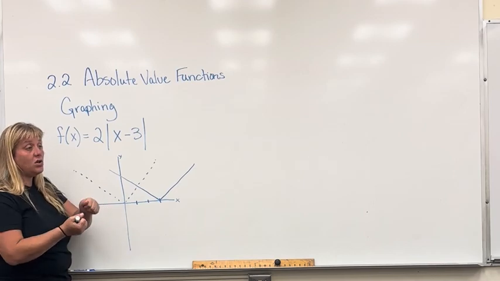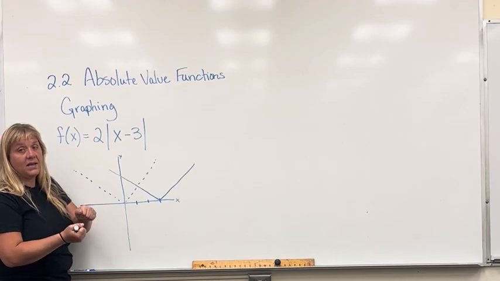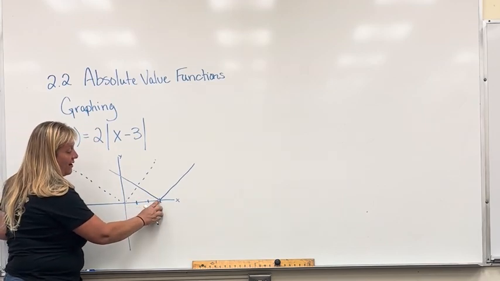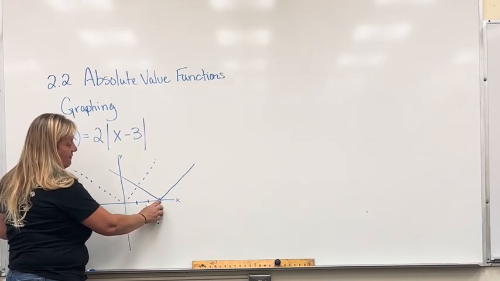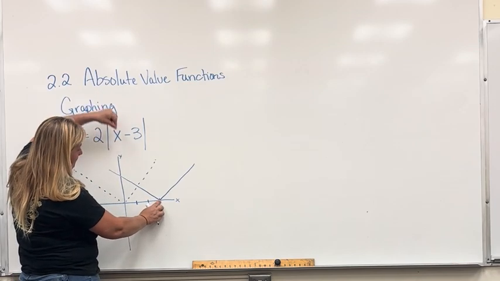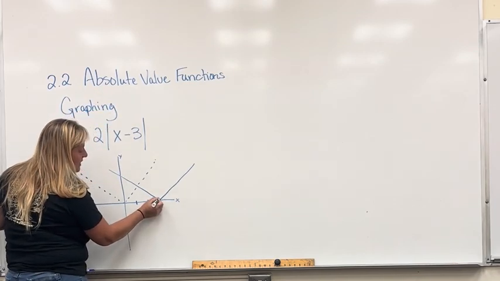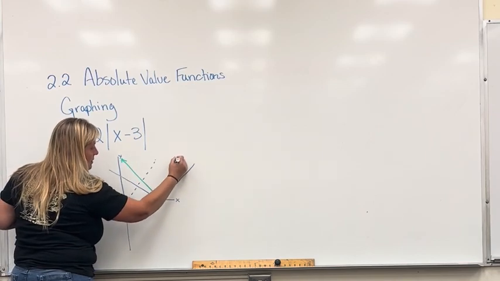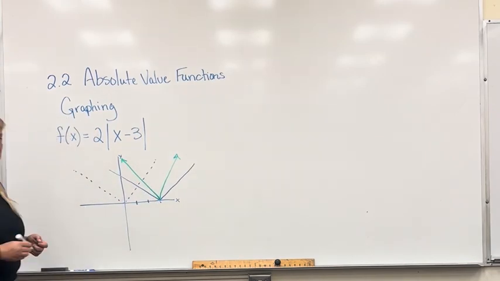And because it's 2 and bigger than 1, it means that we are going to stretch this. So we're going to put our finger right down here at this kind of vertex area, and we're going to stretch and pull up on it, which means that our graph is going to come in like that.